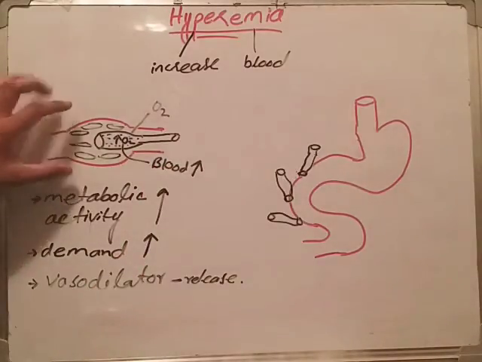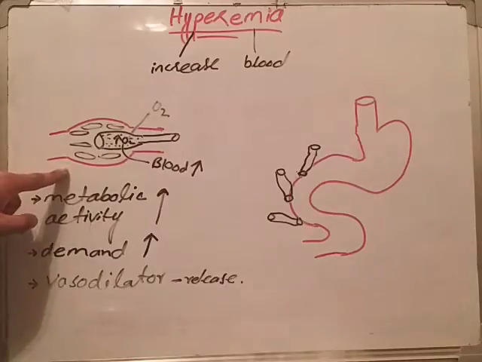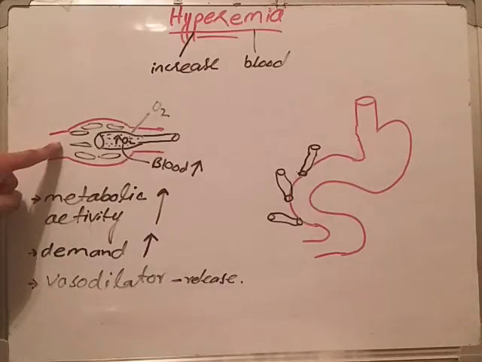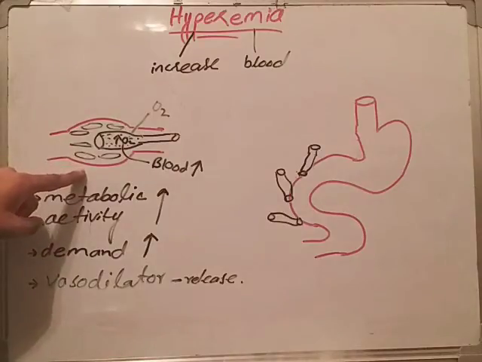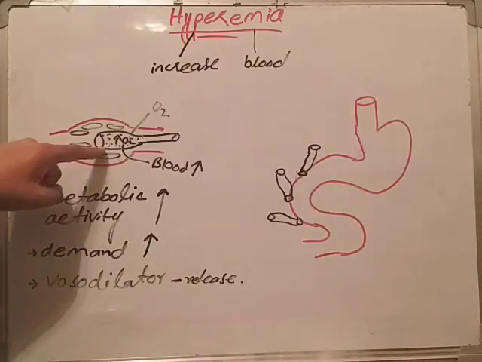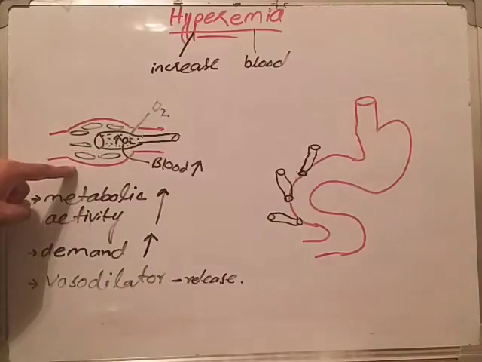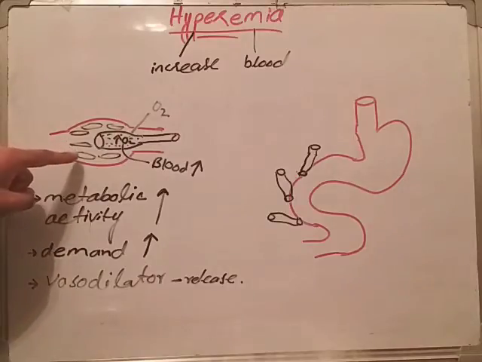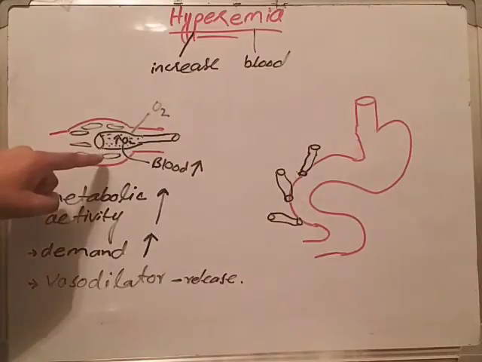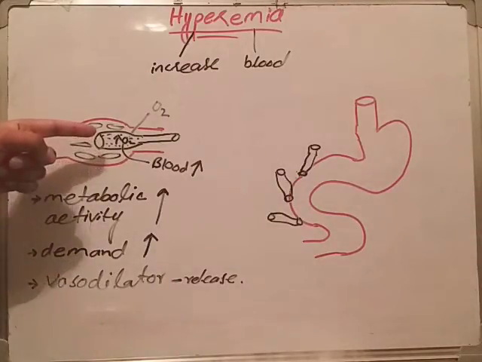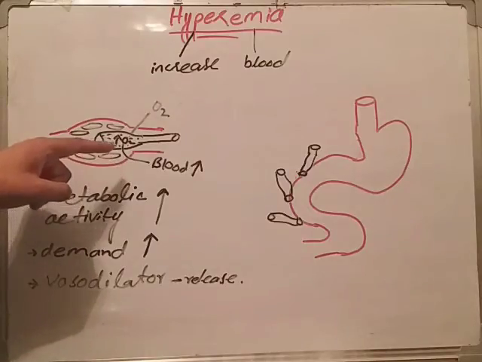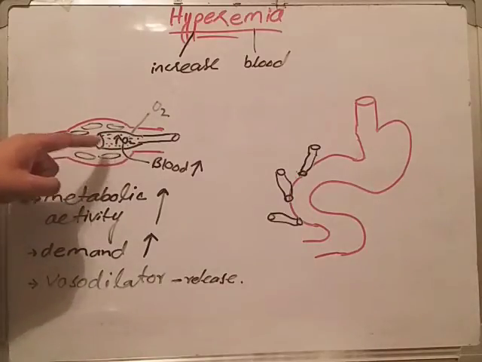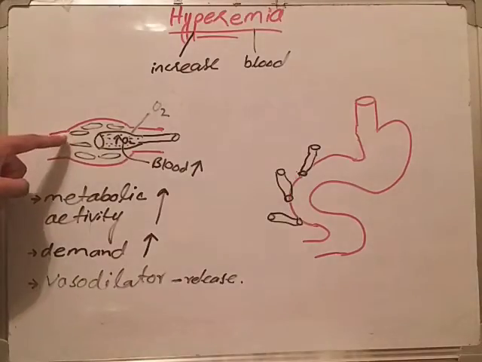So we can say that due to the rapid metabolic activity in our skeletal muscles, the oxygen demand increases, and to fulfill this oxygen demand, certain vasodilators and mediators are released by the fibers or cells of the skeletal muscle, which cause vasodilation of those arteries and blood vessels which provide blood and oxygen to that particular skeletal muscle.